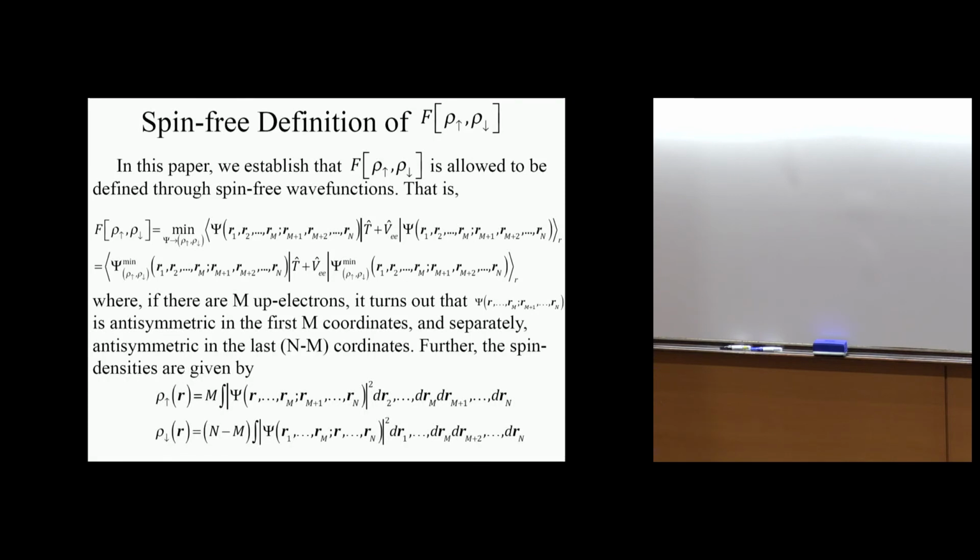And if there are M up electrons, it turns out psi is antisymmetric in the first M, and separately antisymmetric in the last N coordinates. Further, spin densities are given this way. You do this integration over all, and you leave out 1, and then you integrate over all and leave out 2, up to M plus N. But you're doing it over space. That's it. Okay? Is this clear?